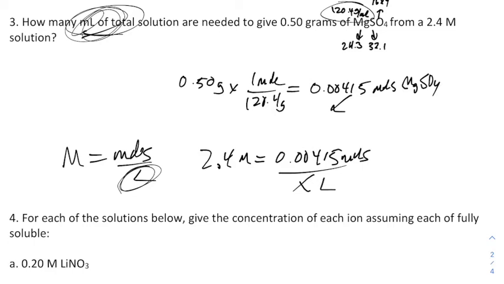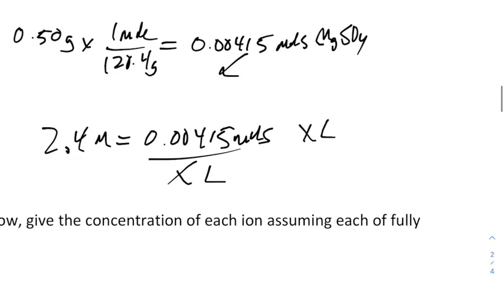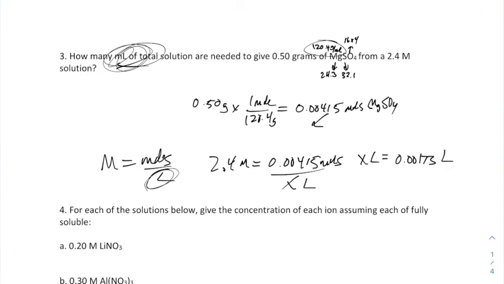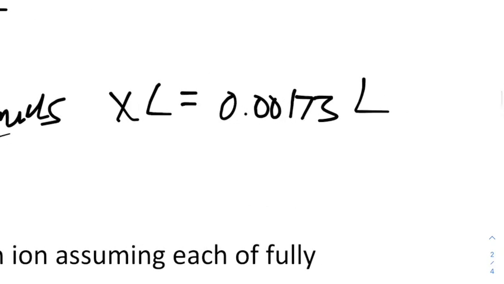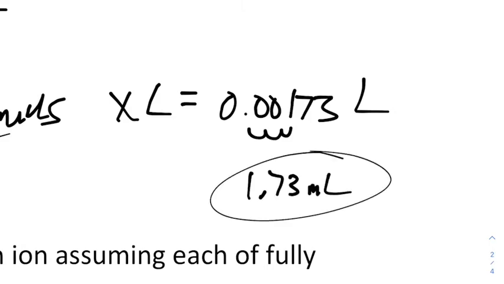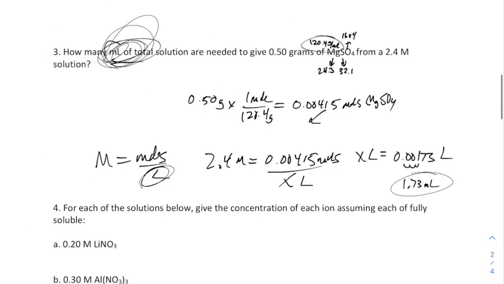Solving that, you end up with 0.00173 liters, but again they wanted milliliters, so no big deal. Move the decimal place 3 places, so it's about 1.73 milliliters should be your answer, assuming I've done my math right.